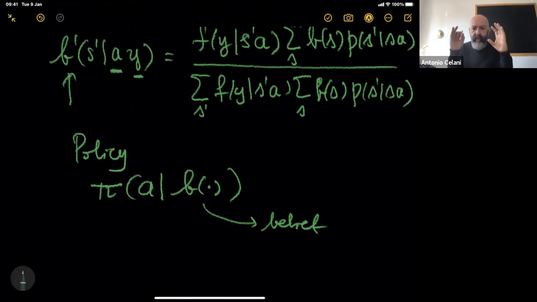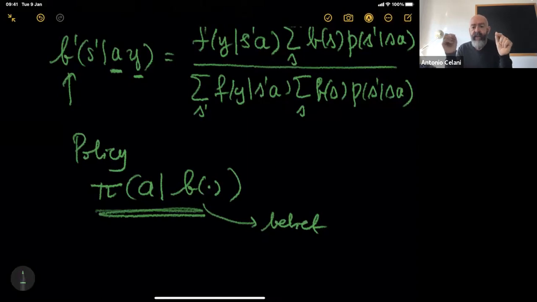This is a conceptual point which has to be extremely clear. The idea of a POMDP is that I start with some prior about where I am in state space. For instance, in my two-state model, I may say I start with 50% probability on each state. This is my prior. Then I have this policy, any given policy, which says that for that belief, for that prior, you should pick action A with a certain probability, for instance 50% for each action in our simple model.